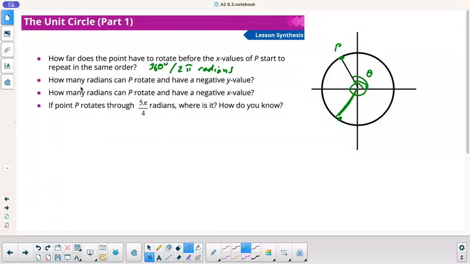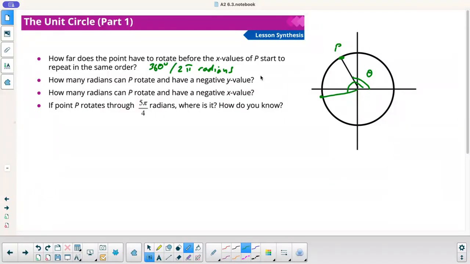All right. So how many radians can P rotate to have a negative x value? Here's my point. To get a negative x value, I need to get just down here. So I would need to rotate a little bit over a third of a... I don't know, it looks like a little bit more than a radius.